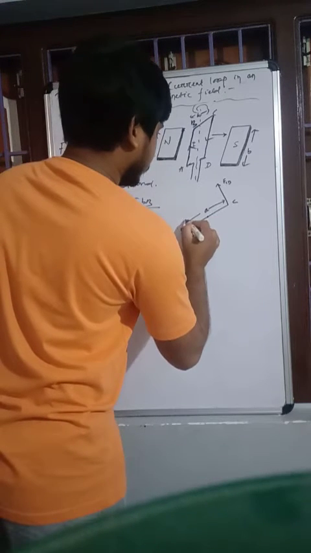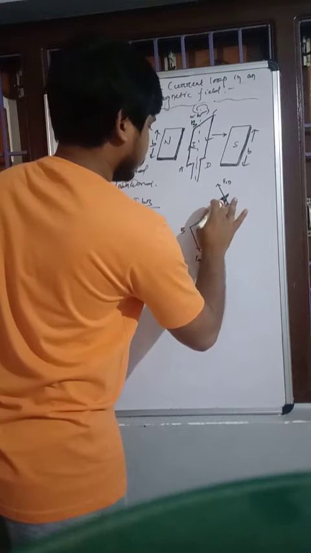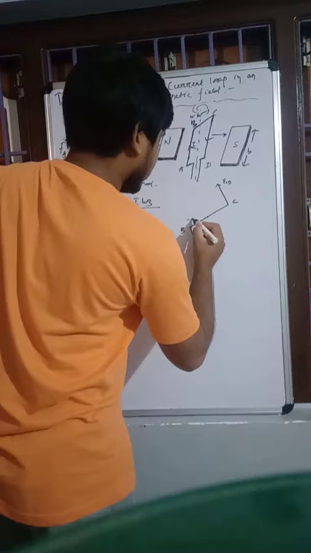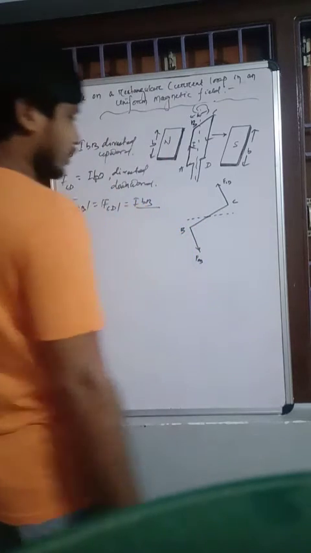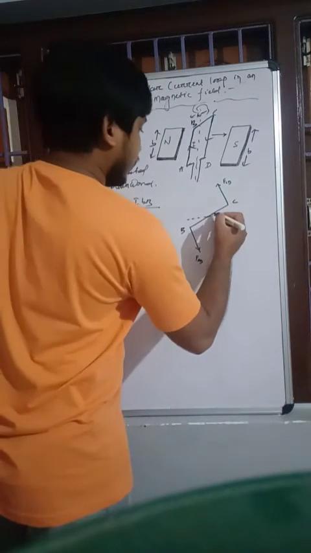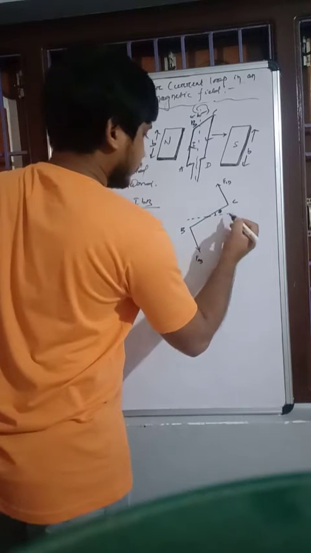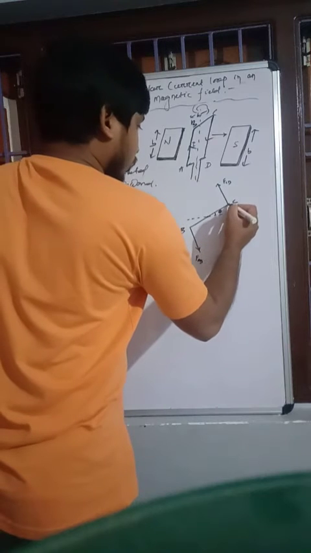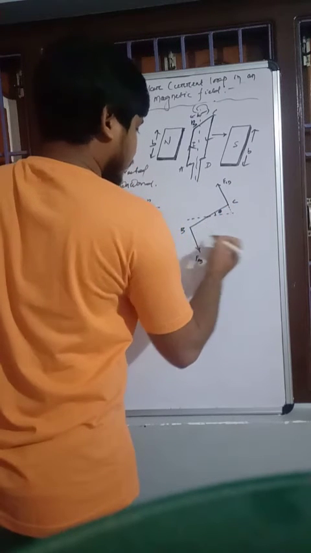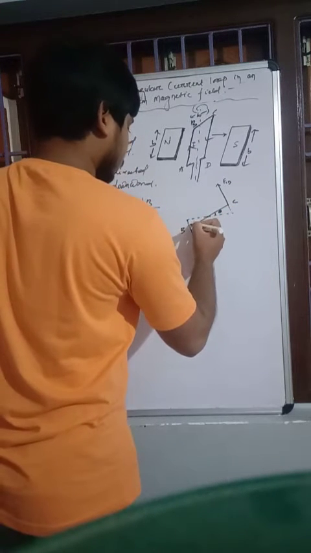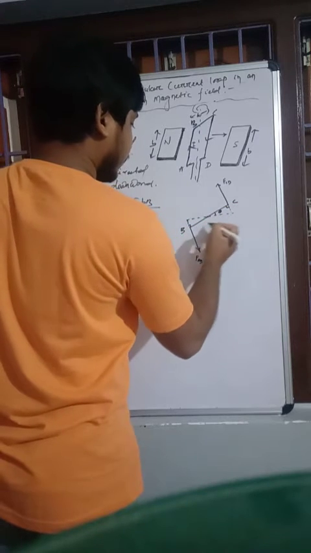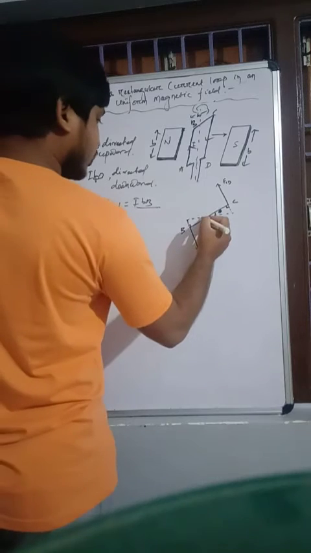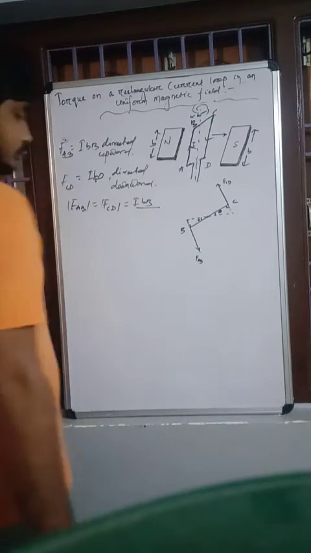This will be our magnetic field, and this angle is our theta. I will draw two perpendiculars here. They will be right angles, and again this angle will also be theta.